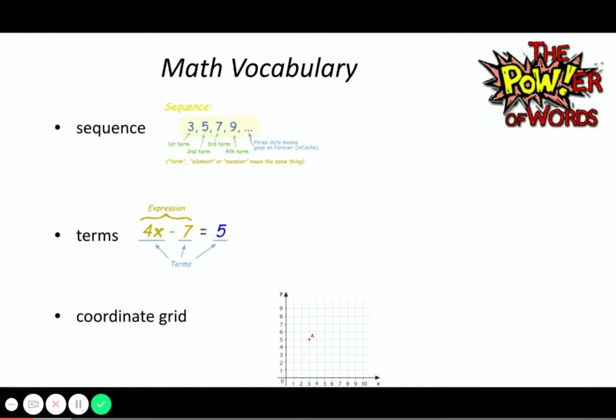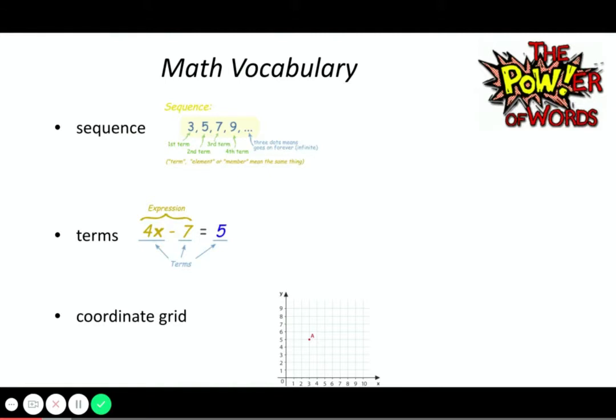In the expression 4x minus 7 equals 5, you see that there are 3 terms here, and the terms are the numbers and symbols as you see above. And then finally, on this page, we have coordinate grid. And we're very familiar with coordinate grids. This is quadrant 1 of a coordinate grid.